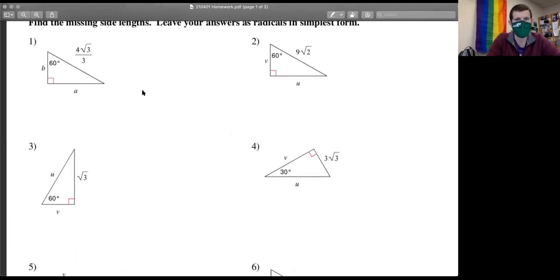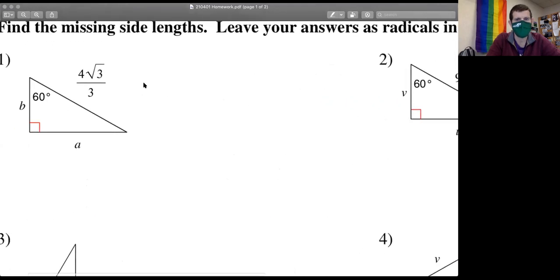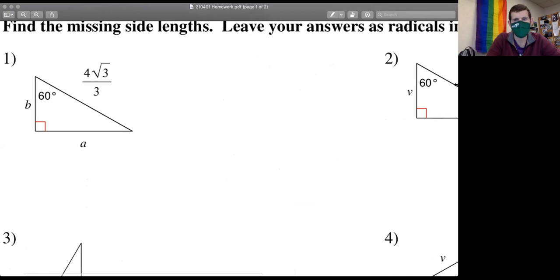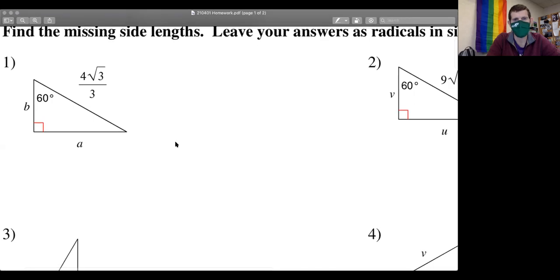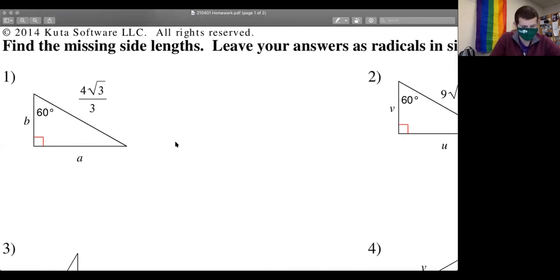And I'm not going to fully create the reference for the 30, 60, 90. I'm just going to give the really brief one, which is going to look like this. I will draw a 30, 60, 90 triangle. So there's the 60, here's the 30.